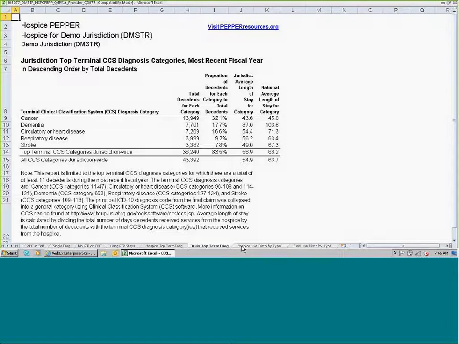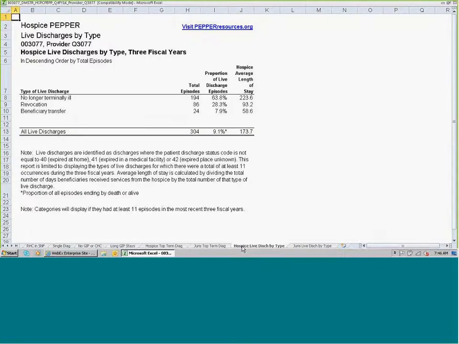We click on the Hospice Live Discharges by Type tab. This brings us to the hospice level report that, again, identifies the live discharges by type over the most recent 3 fiscal years.